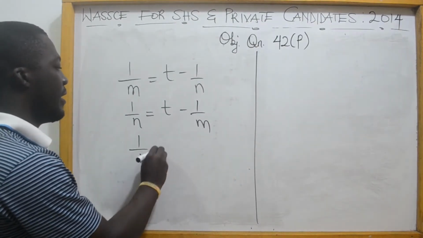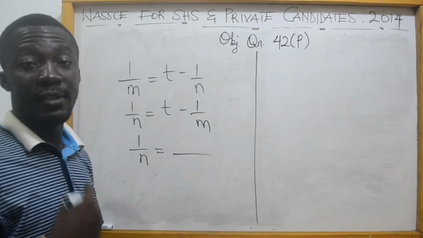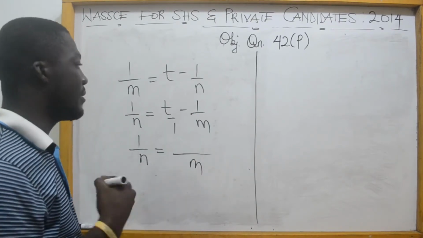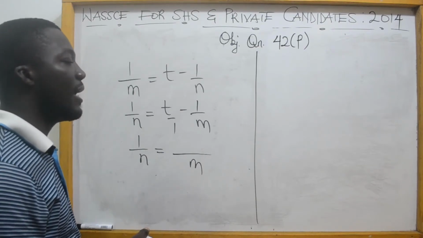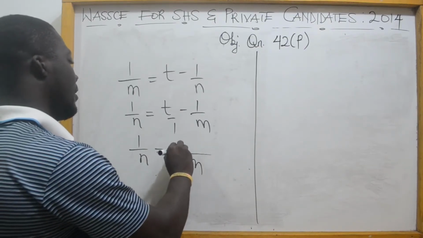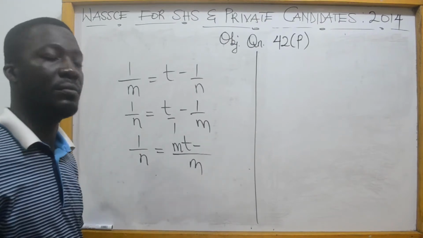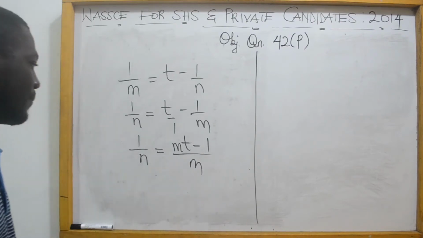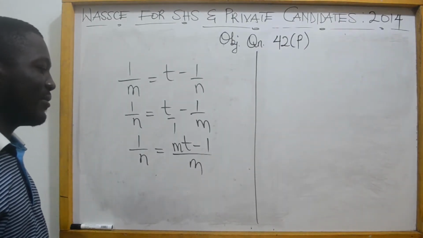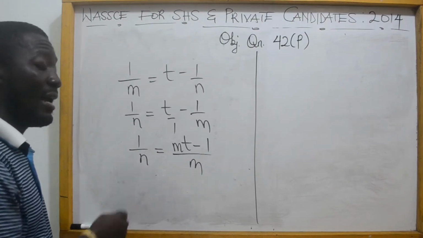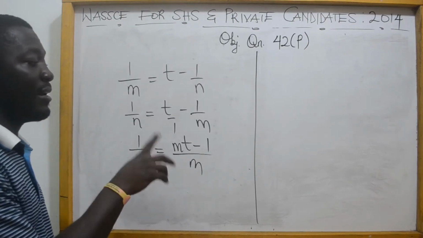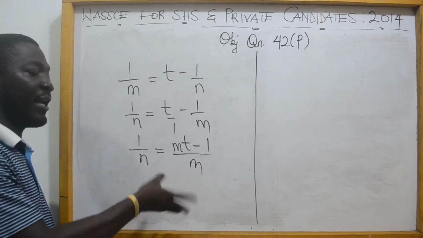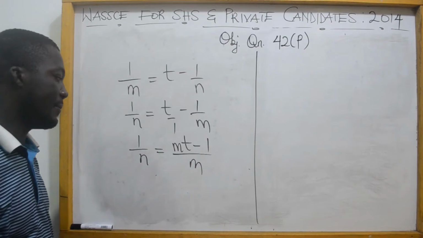So 1 over n is equal to, the least common denominator here is m. 1 into m is m. m times t is mt minus m into m is 1. 1 times 1 is the same 1. And I want to find n. So since this is 1 over n and this is mt minus 1 over m, we can just reciprocate them and we get the answer.